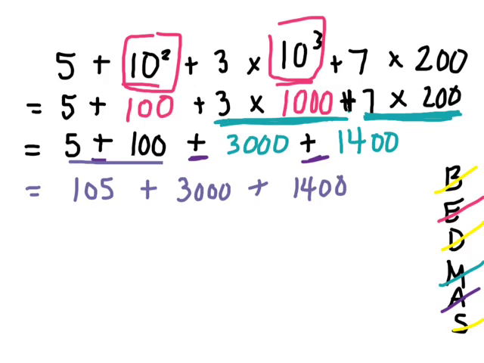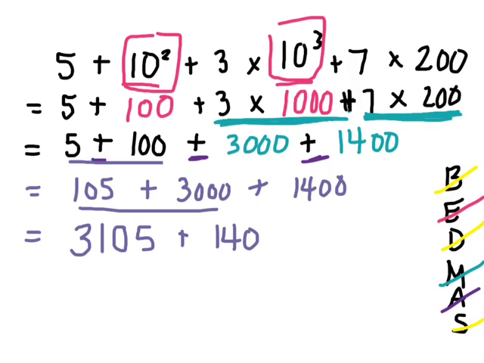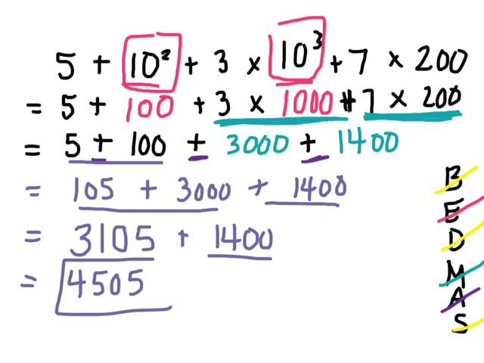So what is 105 plus 3,000? 105 plus 3,000 is 3,105. Good. Plus 1,400. We have to add that at the end. And what do we get? 4,505. Good. Excellent. And that's our answer.